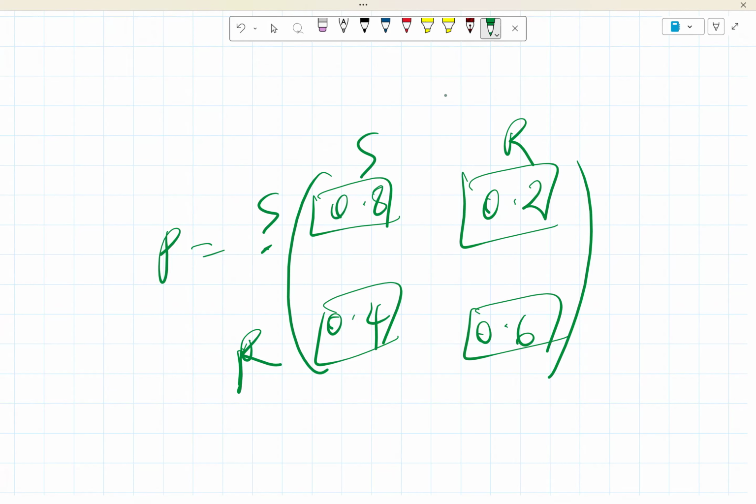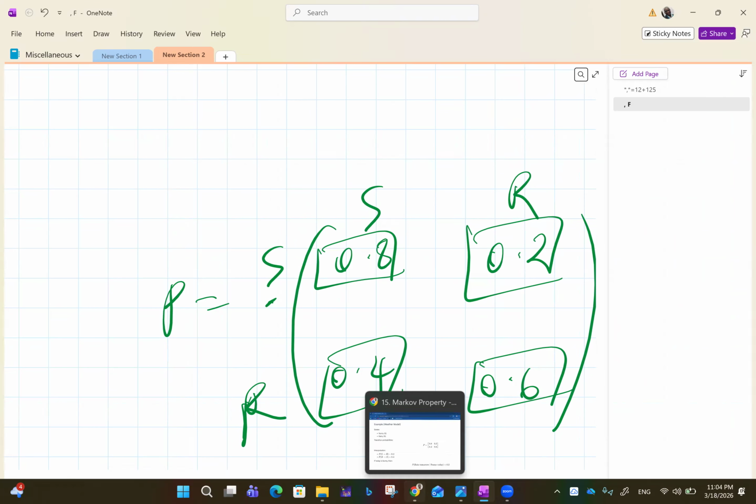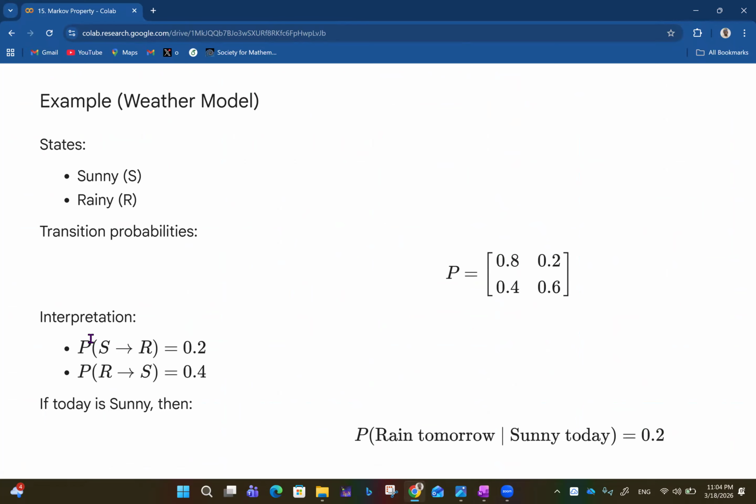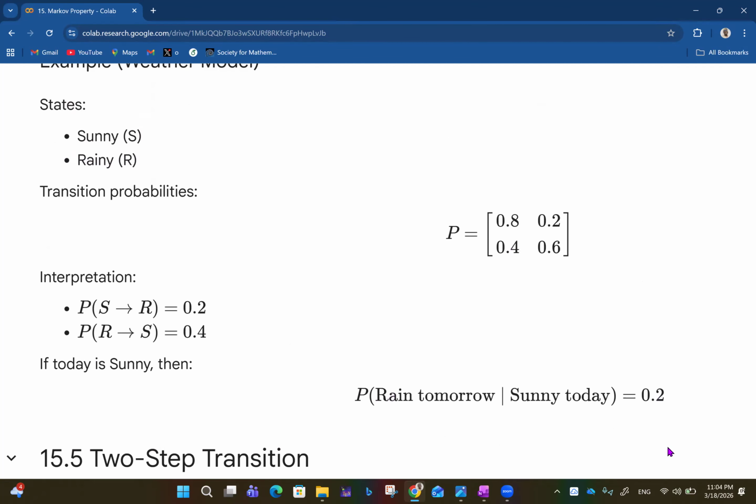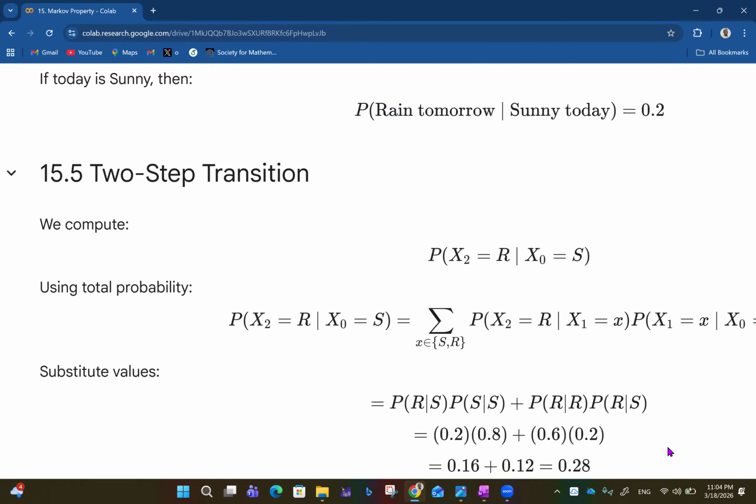That's basically what the transition probability represents. So the probability of rain tomorrow, given that today is sunny, is 0.2. And that's the interpretation I've given.